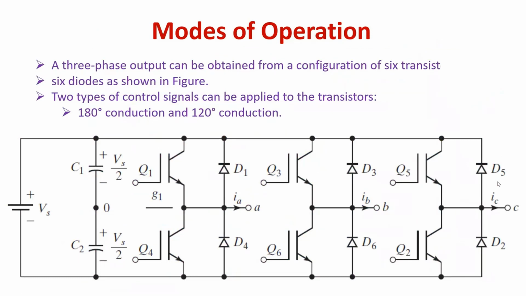Here, if you observe, a three-phase output can be obtained from a configuration of 6 transistors and 6 diodes arranged as shown in the figure. This is what we call a leg.